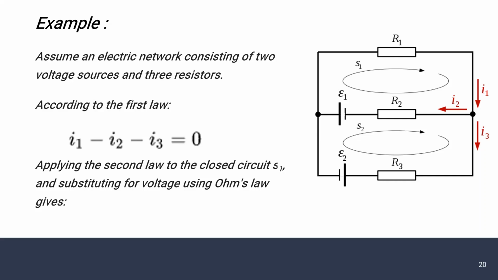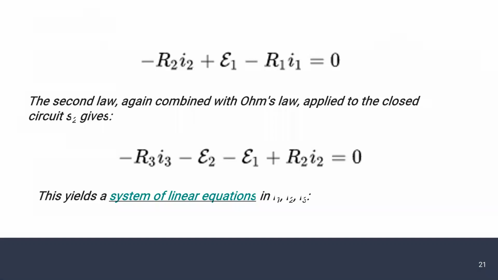Applying the second law to closed circuit S1 and substituting voltages using Ohm's law, we get R2 I2 plus E1 minus R1 I1 equals 0.